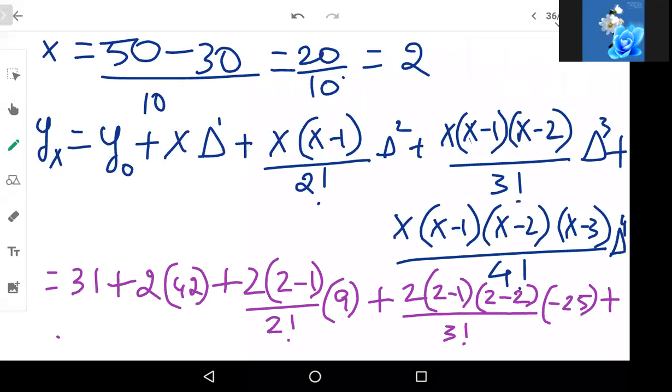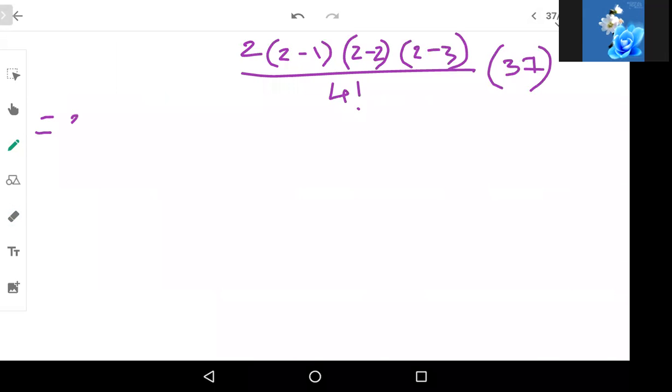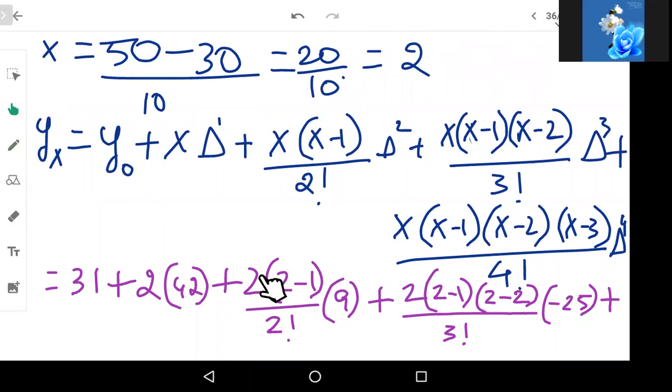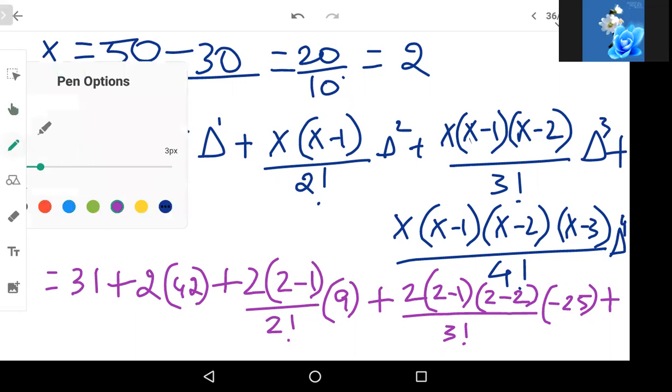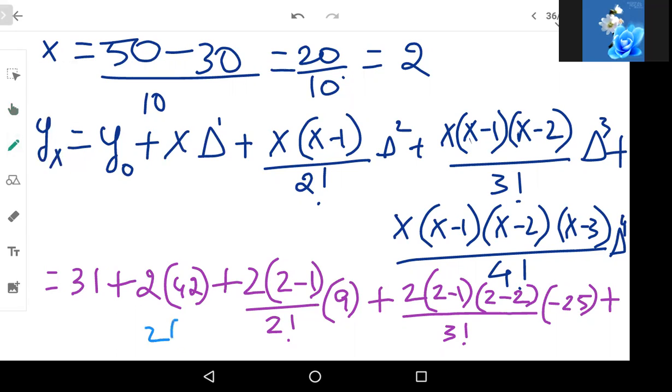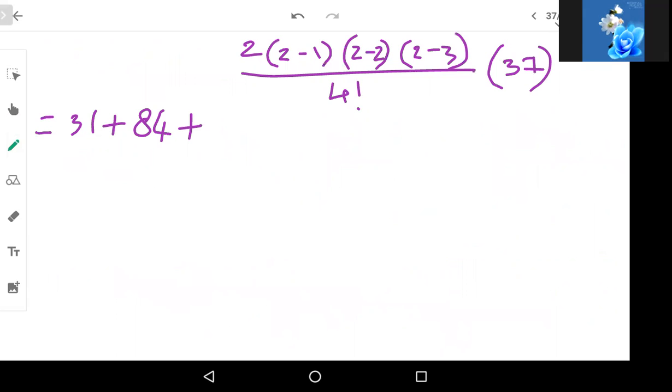We have to simplify. 31 will remain as it is. 42 into 2 will give me 84. So first it is 31 plus 84 plus, now let's come back here. 2 into 2 minus 1: 2 minus 1 is 1, so 2 into 1, divided by 2, is nothing but 1. 1 into 9 will give you 9.